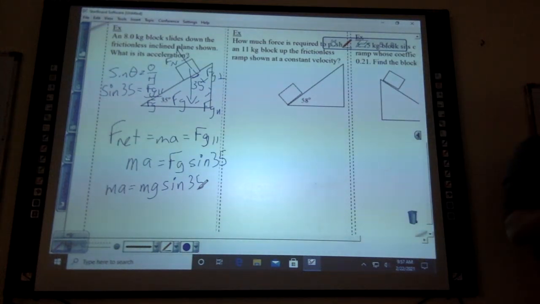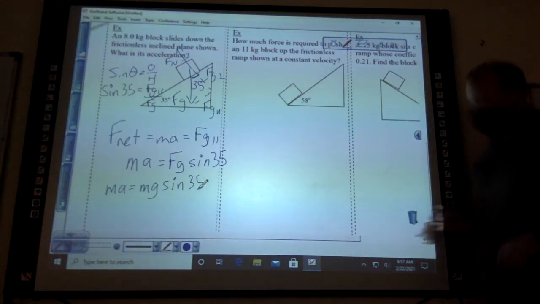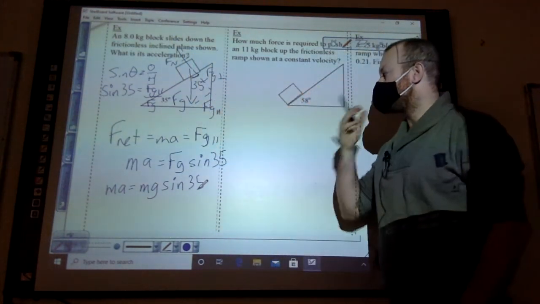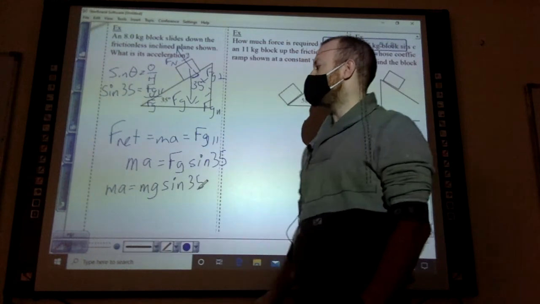If you have no friction, if I have a feather, or if I have a, I don't know, 1 ton box of something, it's going to accelerate down at the same rate. Which intuitively makes no sense to you, but that's because you're used to a world of friction. But just a fun note, I can cancel out the masses if I want to.